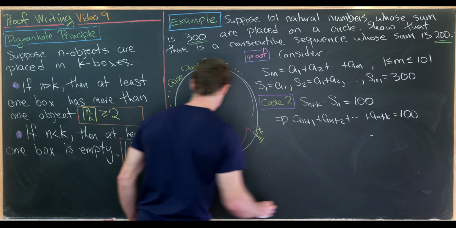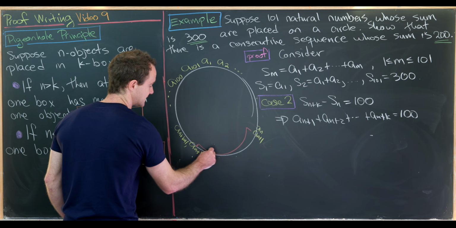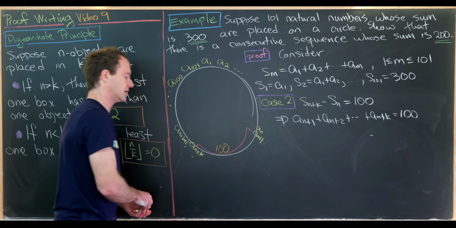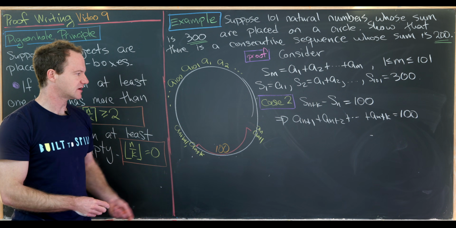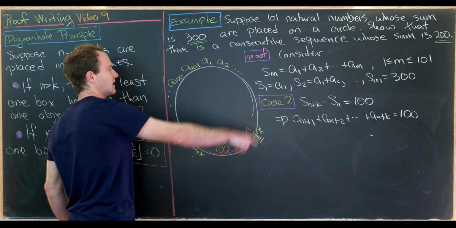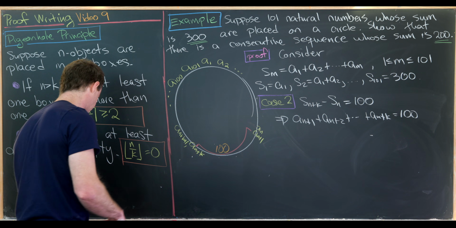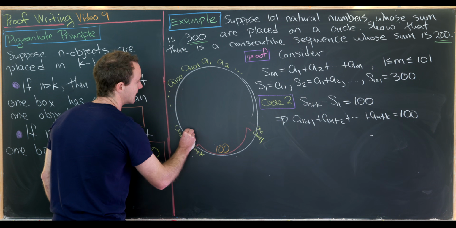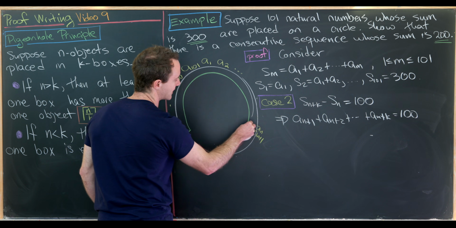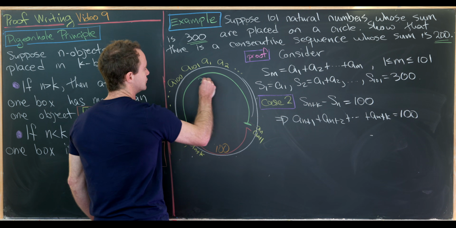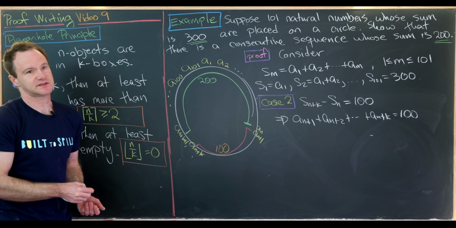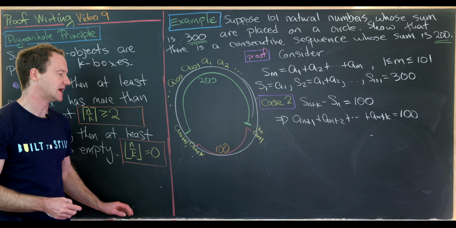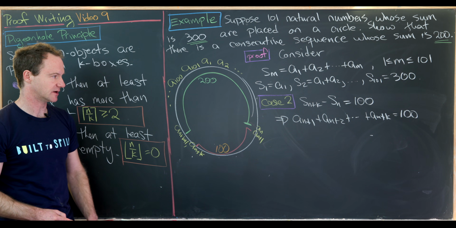In other words, this sum from here to here is equal to 100. And since the sum around the whole circle is 300, the sum of the remaining stuff from here all the way around to here is equal to 200, because 300 minus 100 is 200.